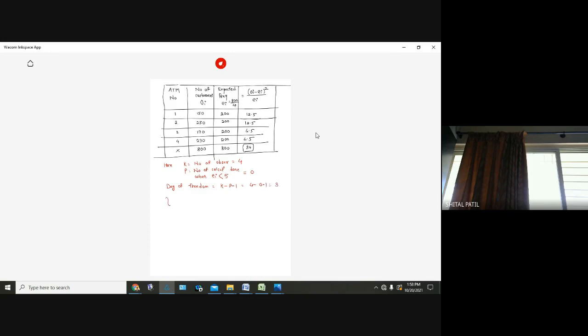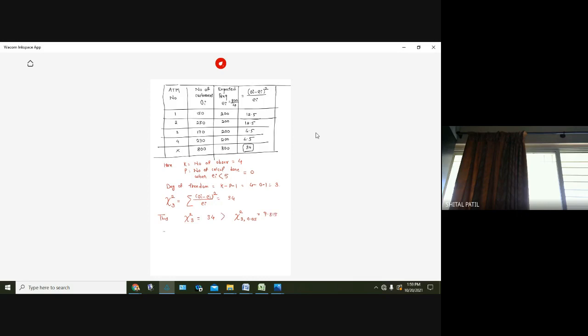Okay, so chi square 3 equals the sum of OI minus EI whole square divided by EI. That is equal to 34. Thus, chi square 3 equals 34, and chi square 3 at 0.05, the given value, is 7.815.